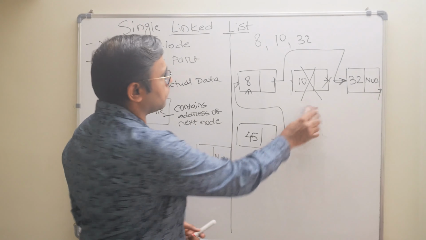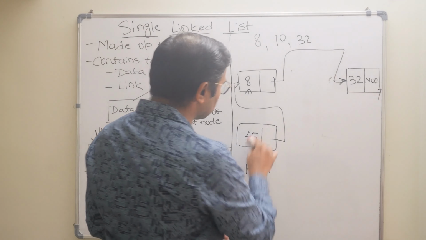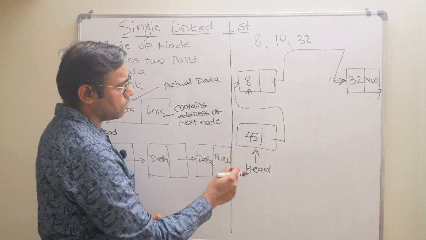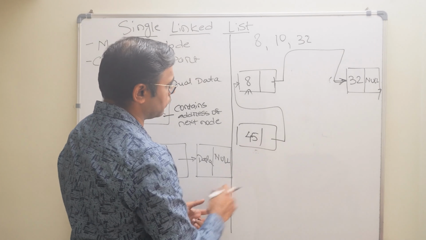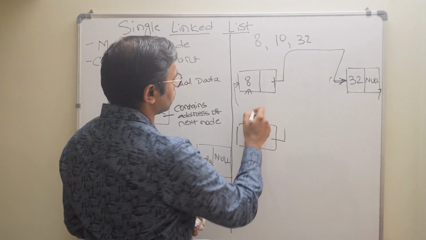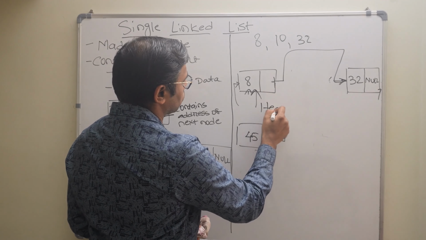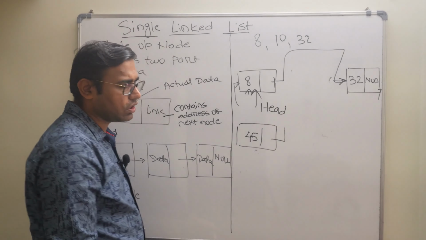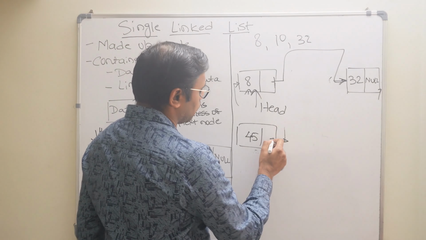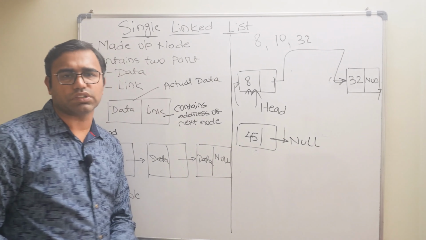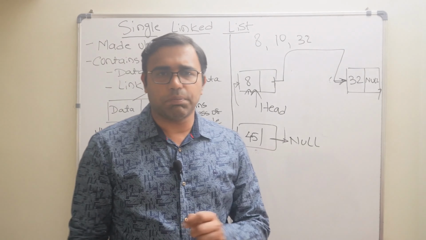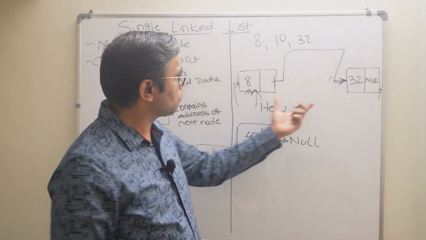Now suppose I want to delete this 45. I will move the head, so head will point to the next node. As I told you, we just move the links, and the link part of the last node should be null. So this is how we can perform the deletion operation. It is just playing with the links of the nodes.